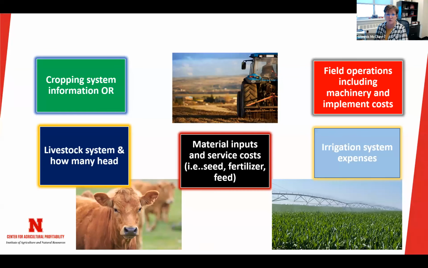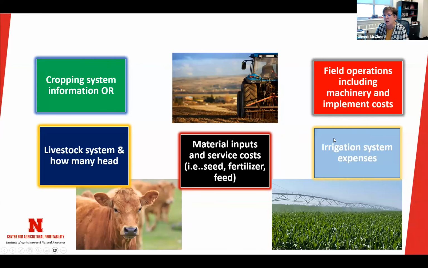Of course, we've got to put machinery costs in there, and our input costs. So field operations, including our machinery and implements, our materials and inputs, our seed, our fertilizer. In the case of livestock, we want to know what is that livestock? How many head? How long do we keep them? All of those are pieces of information that go into the budgeting process.